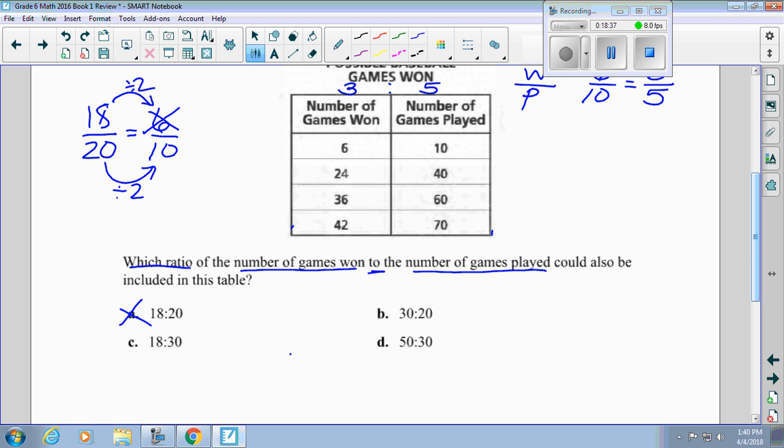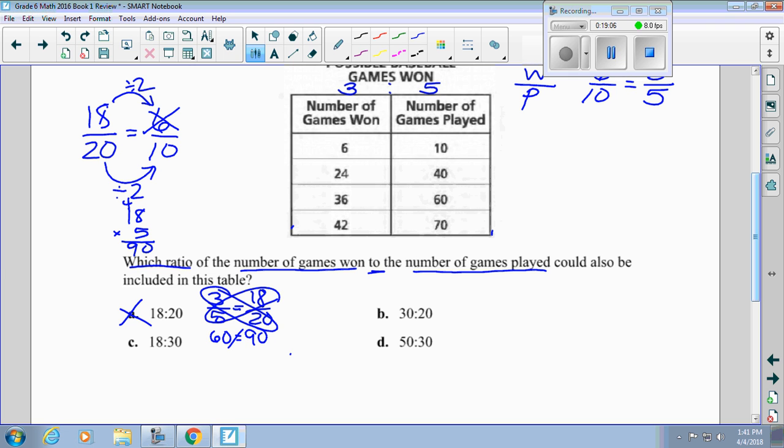Another way to check is you could take 3 to 5 and set it equal to 18 to 20, and I could do cross multiplying and see if these numbers match. So 3 times 20 would be 60, and 18 times 5, when you multiply that out, you're going to get 90. So 60 does not equal 90, so that's a bad option.